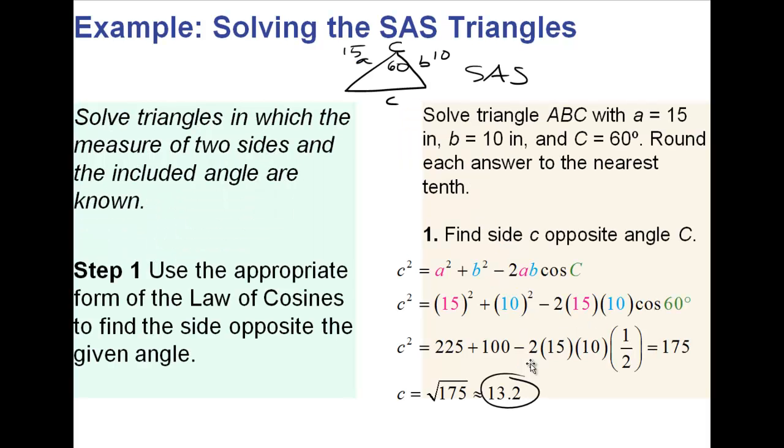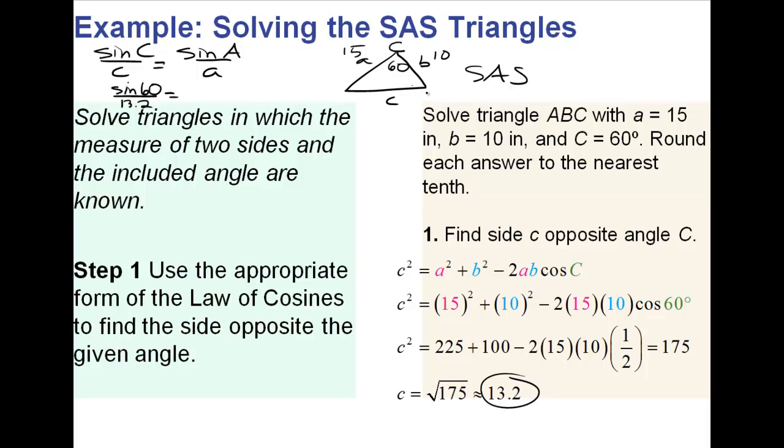Could we find the angles, right? Would we be able to find the other angles now at this point? Yes, because now we could use the law of sines, because we know that sine of C over C has to be sine of A over A. So we have sine of 60 over C, which we just found, 13.2, is going to be, and where would A be?